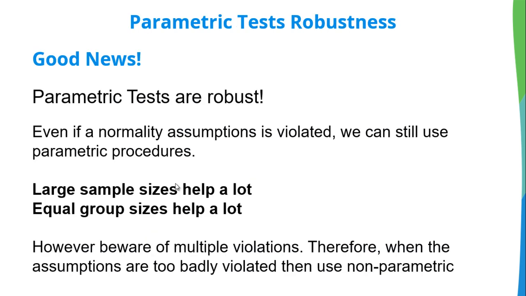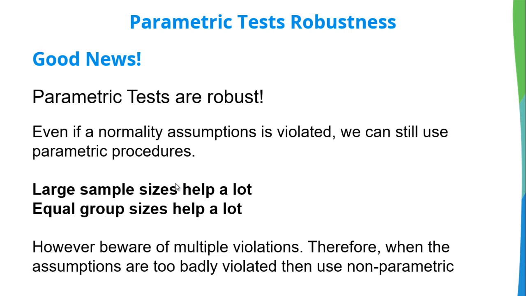We must understand that the parametric test is robust. Yes, that is the good news. It means that even if a normality assumption is violated, not all, we can still use parametric procedures. Maybe one of the assumptions fails, then you can still proceed with the test and it should be accurate.